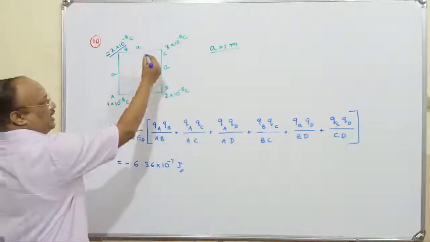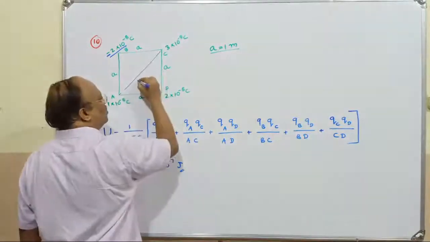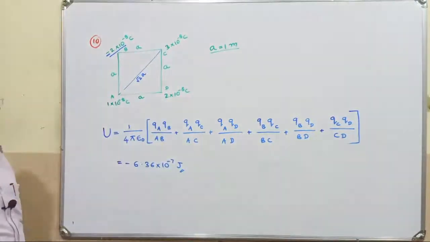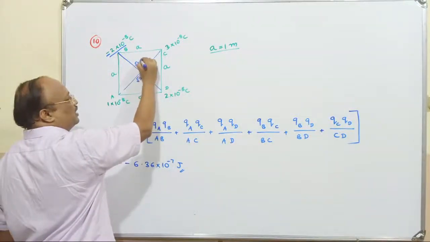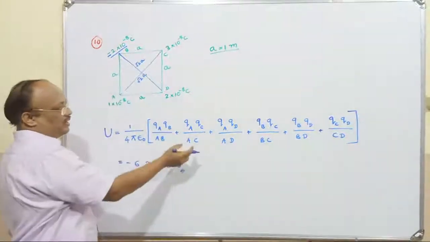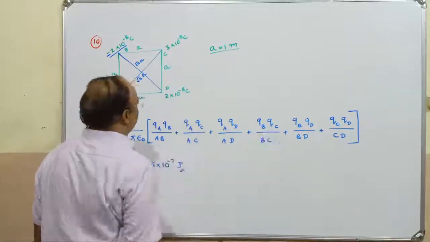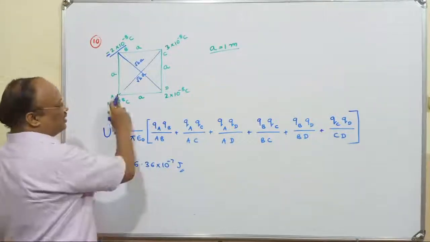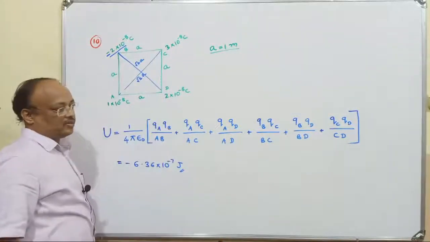Whereas AC value, we have already seen, is root 2 times A. Substitute that in this. So this value BD is also root 2 times A. Wherever BD is there, you can substitute root 2, and where AC is there, you can substitute root 2 times A. So AD, AB, BC, all of these are 1.